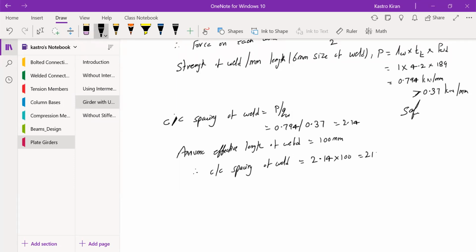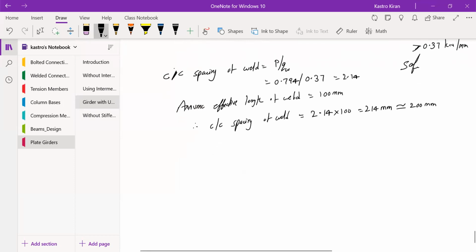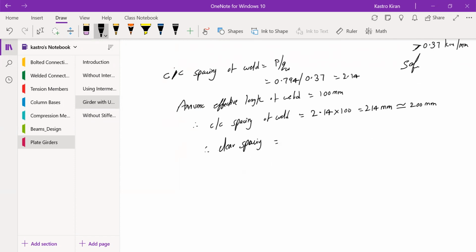That will give you 214 mm. You can approximately assume it as 200 mm or 220 mm, it's up to you. Therefore, clear spacing equals 200 minus 100, that will give you 100 mm. So 200 is the center to center spacing of the weld, and 100 is the effective length of the weld.